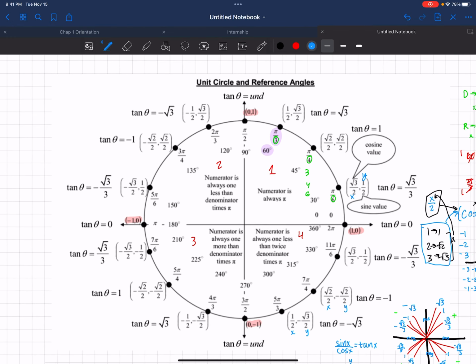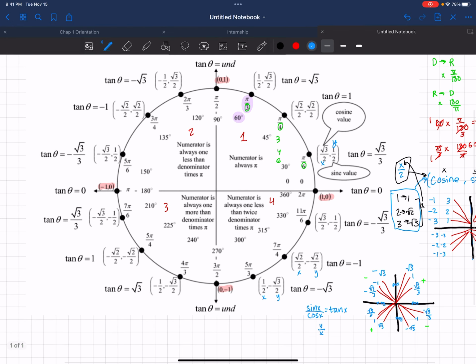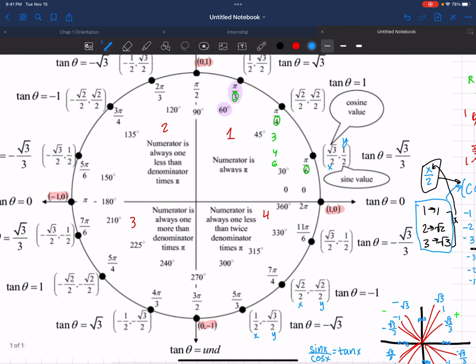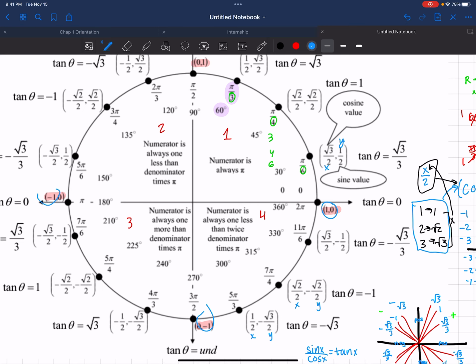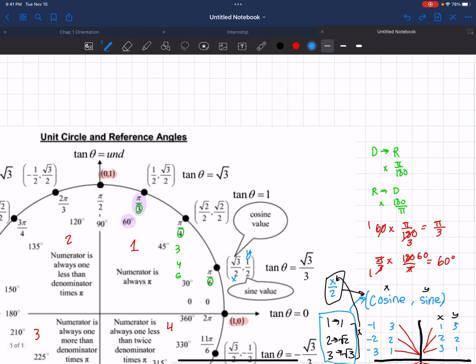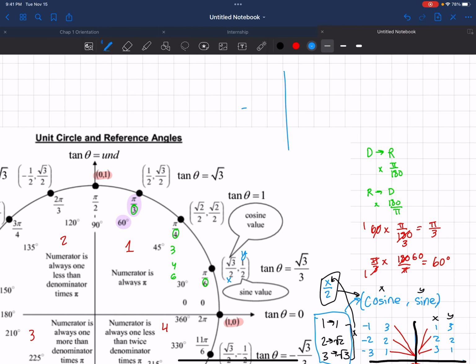And one more thing. We're going to learn tangents of our weird points here, here, here, and here. Time to learn those. So here, let's go up here, and then we'll draw that.